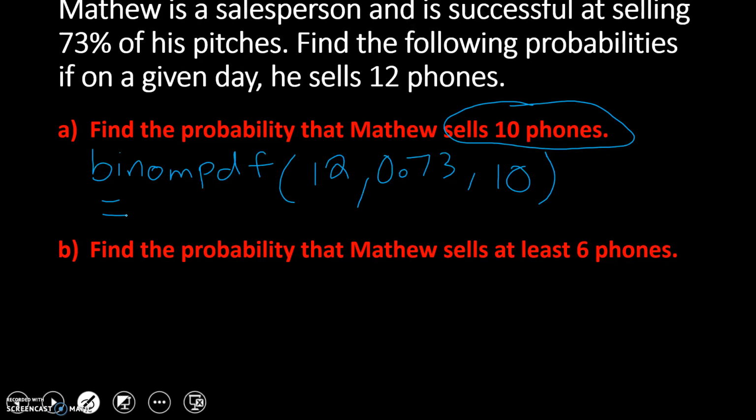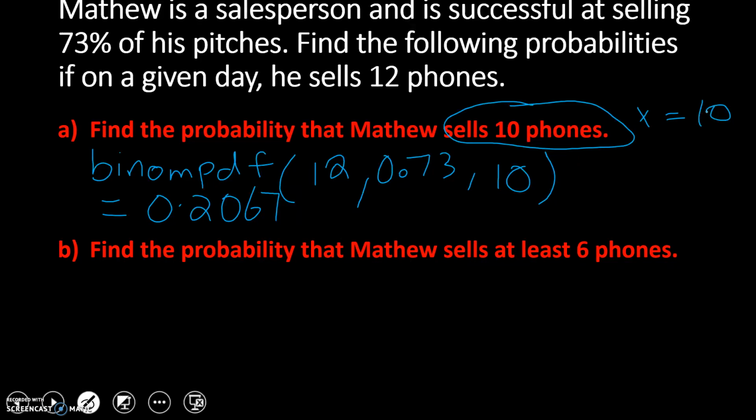I have 12 trials, my probability is 0.73, and I'm going to sell 10 phones. My answer is 0.2067, because X is exactly 10.